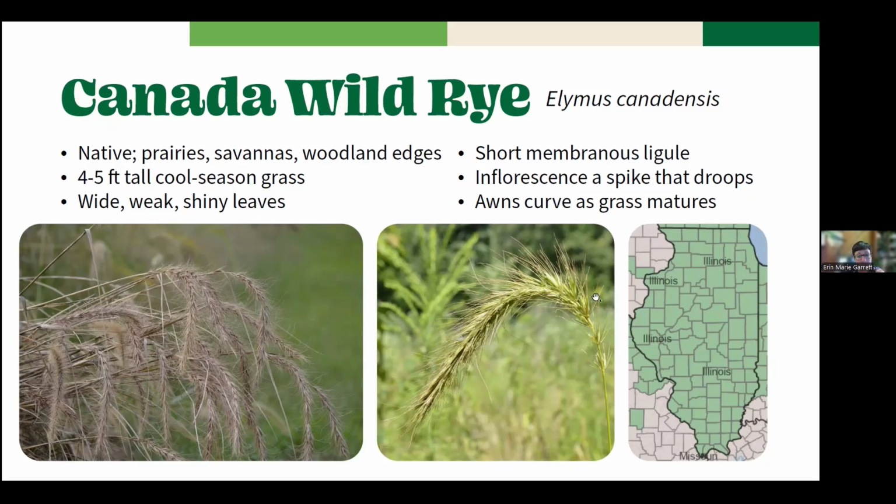And then as it matures, the awns are going to curve. So in this one, we're starting to see some of those awns curve, but it hasn't quite reached that point where it's a reliable identification characteristic, as we see in this photo on the left, where you have that drooping spike and all of these curved out awns.